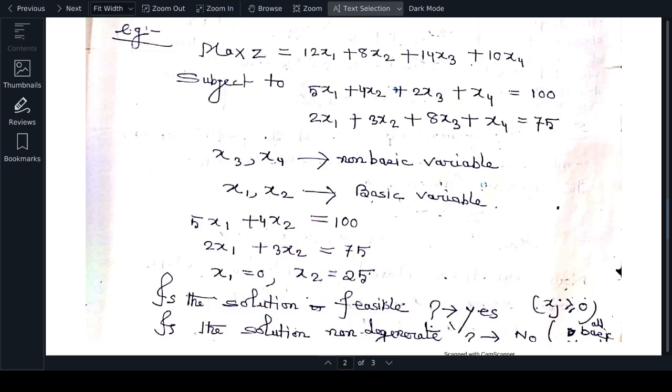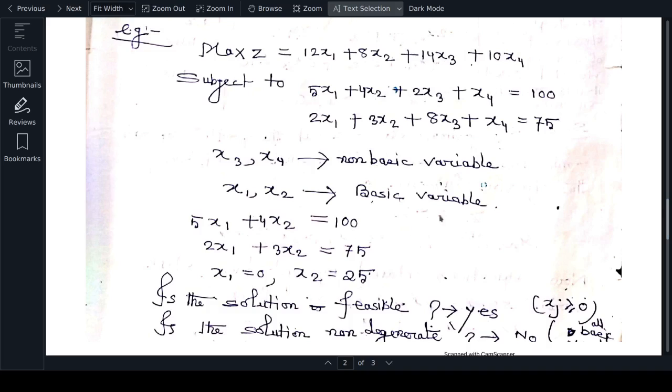This depends upon our consideration: which one is non-basic and which one is basic. So first you identify which one you consider.